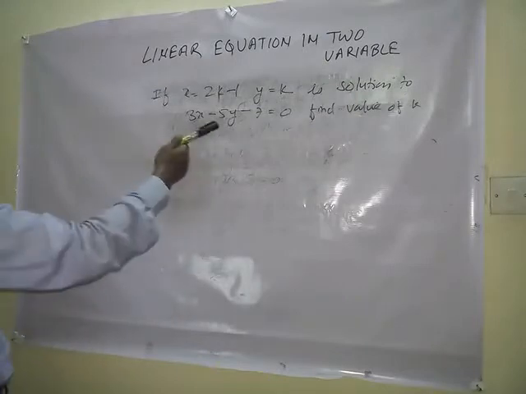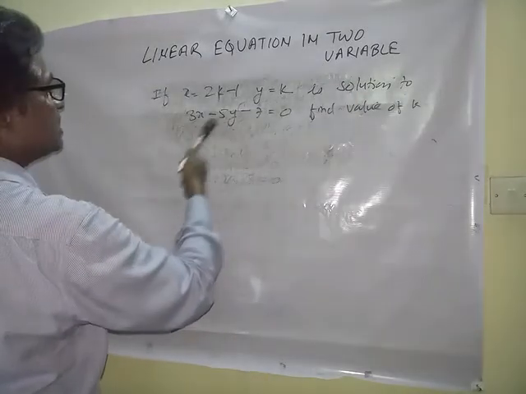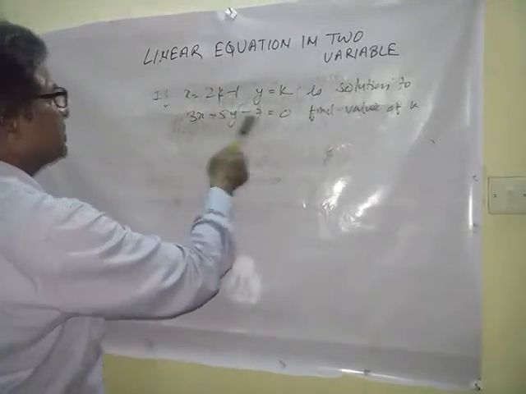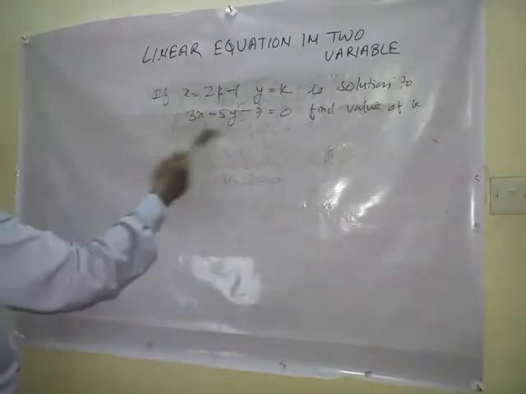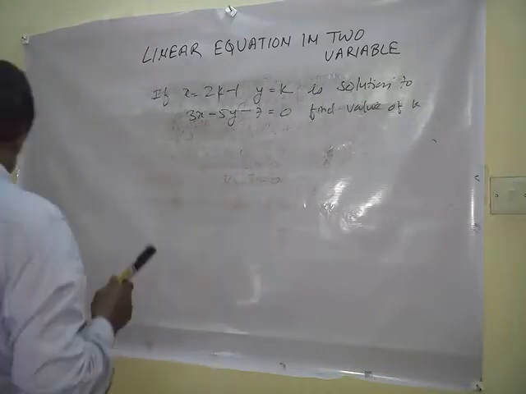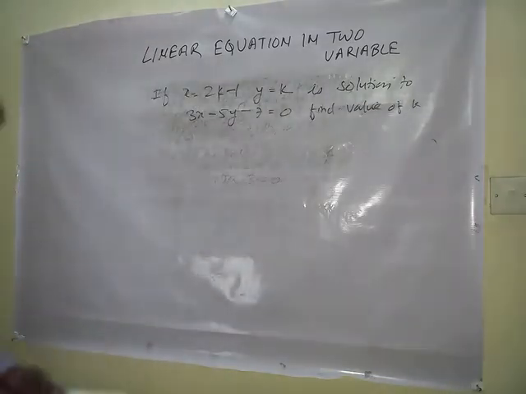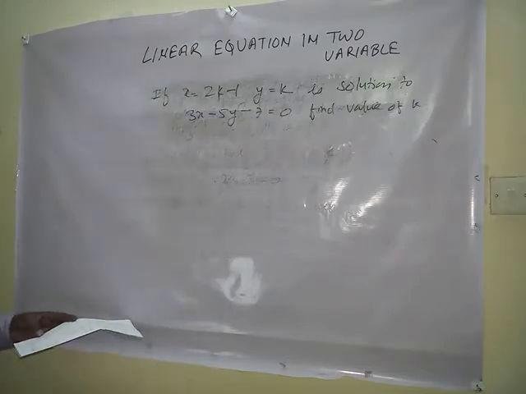So it's simple. Put the value of x here, put the value of y here. So you will get an equation in terms of k and a constant, and solve this equation, you will get the value of k. I am not going to solve it fully here, but you should do that.